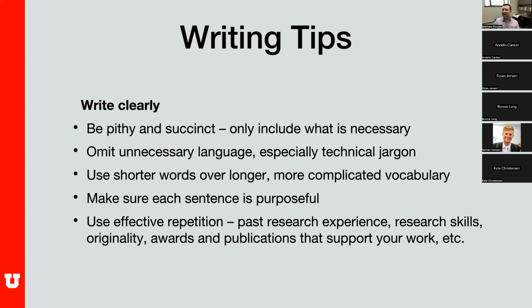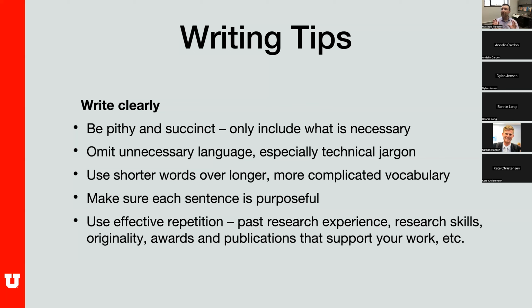So if you can explain something in layman's terms in a pithy, succinct way, do that instead of using technical jargon. Use shorter words over longer, more complicated vocabulary. Make sure each sentence is purposeful. Again, 2 pages. Use effective repetition: past research experiences, research skills, originality, awards, publications that support your work.